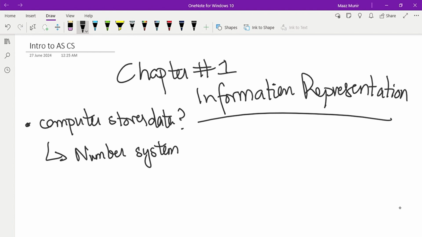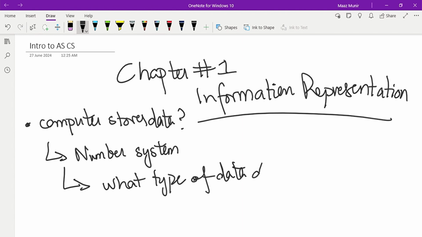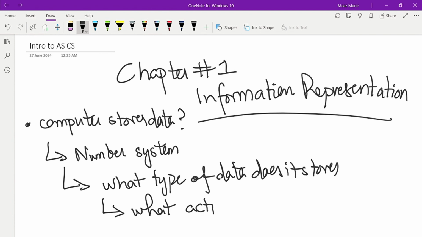How does it store the data? What type of data does it store? And finally, what applications or what actions could be done on the data?